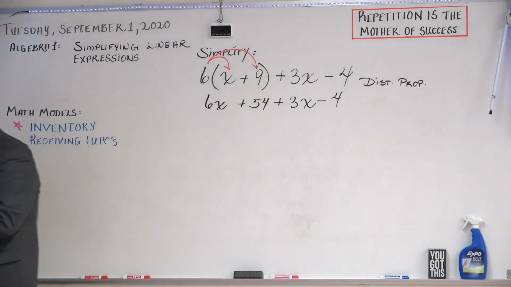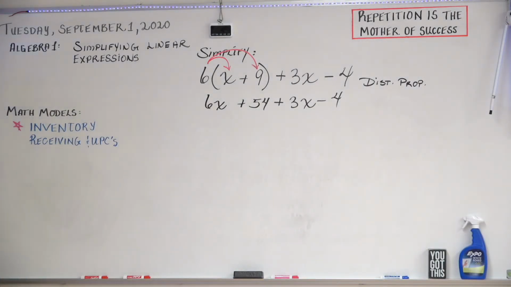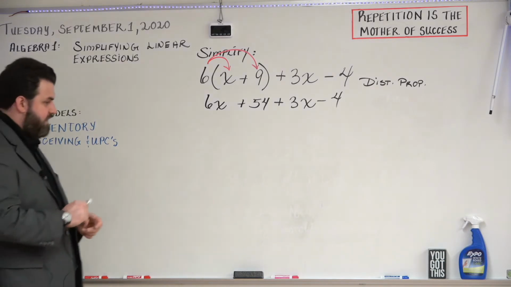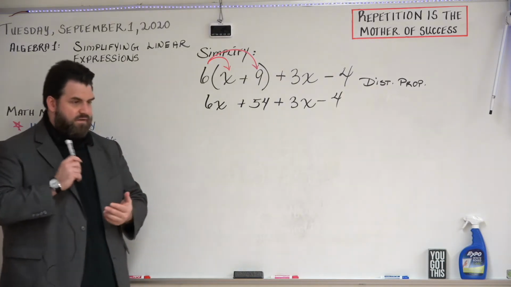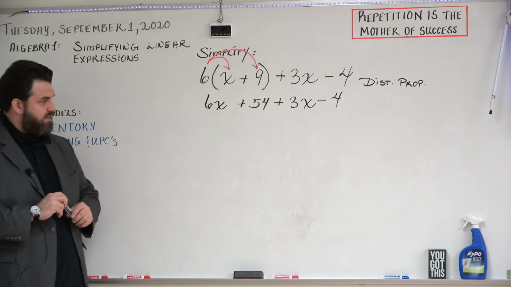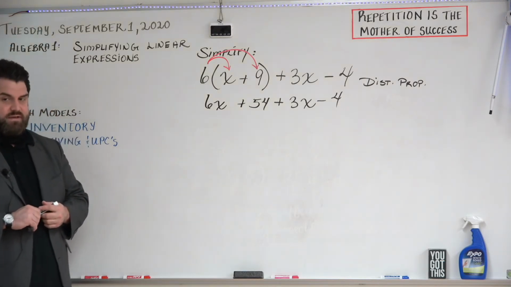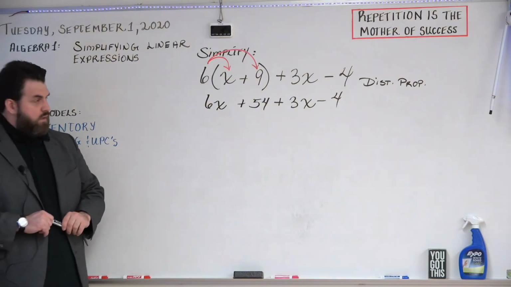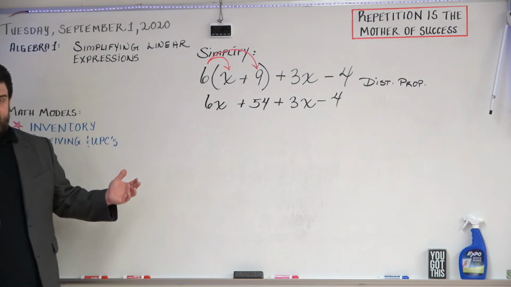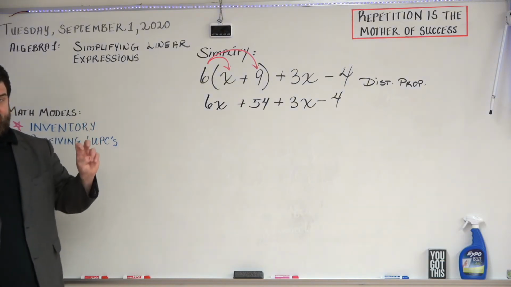Okay, now we need to do something that we abbreviate CLT. What that means is combine like terms. First we have to identify which terms are like.